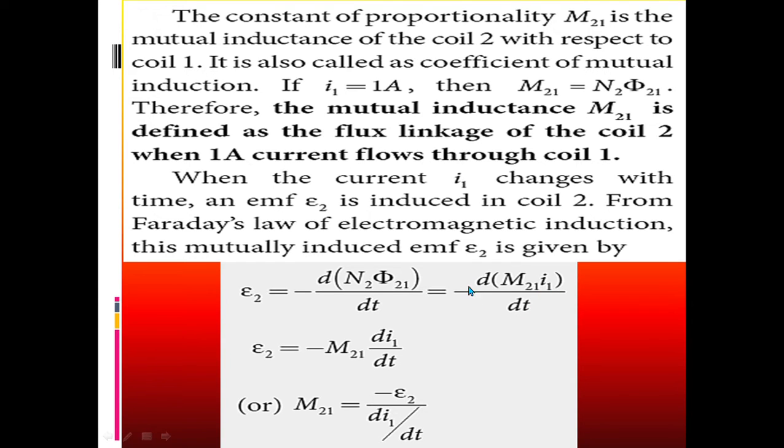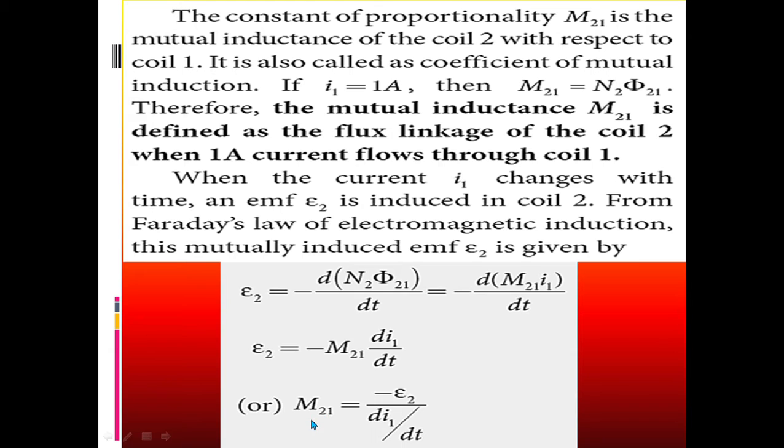Now M21 is a constant, a proportionality constant, so it will not be differentiated. That is why the equation can be written as epsilon 2 is equal to, removing the constant, minus M21 into dI1 divided by dt. So minus M21 into dI1 divided by dt, or rearranging this equation, we obtain the mutual induction formula.